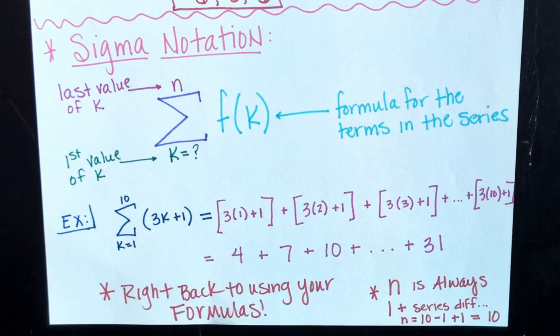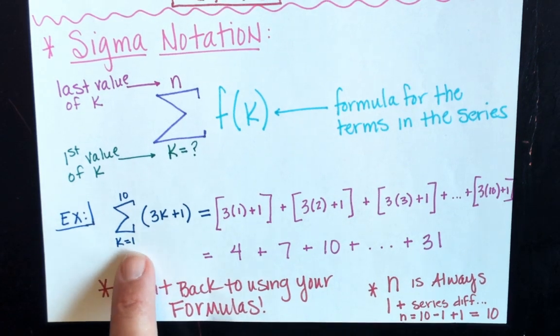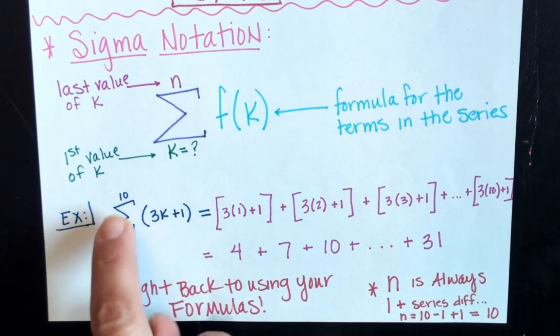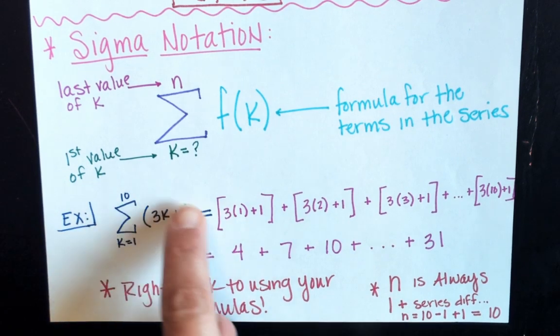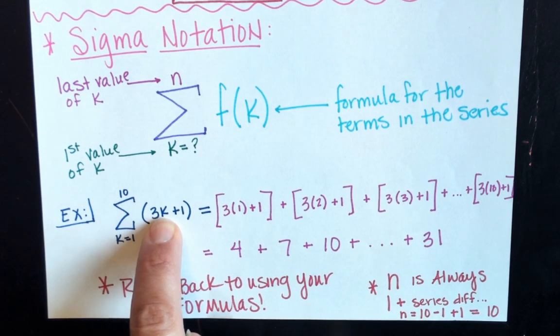So if we wanted to talk about a series like this, where we're going to start with our first term, whatever that value is, it's going to be our first A sub 1. This is our A sub n. This formula is going to be the formula that gets us the actual values in our sequence.